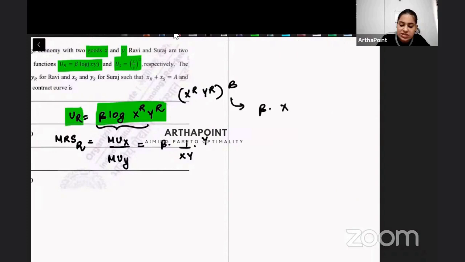Beta xy to the power beta minus 1 into y. Now do MUY. What will you get? Beta log xy gives 1 by xy, and differentiation of xy with respect to y will be x. So this gets cancelled, this gets cancelled, and MRS will be y by x.